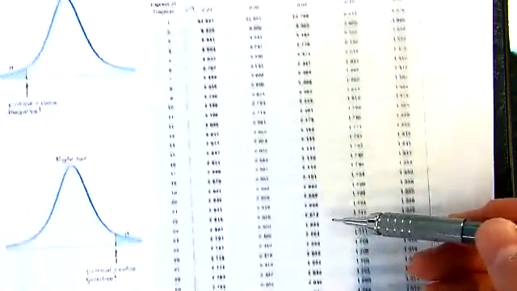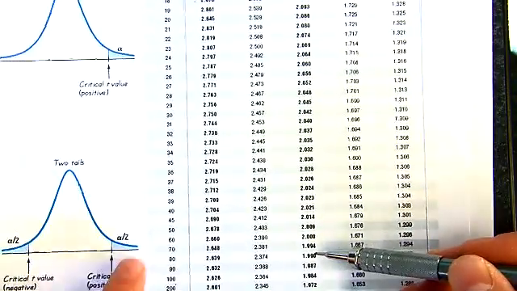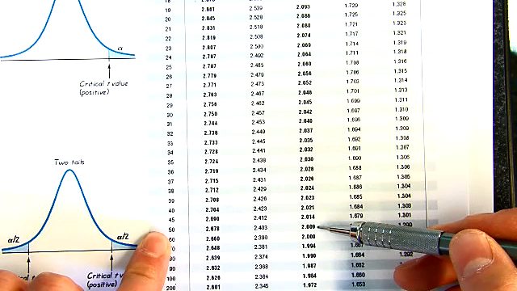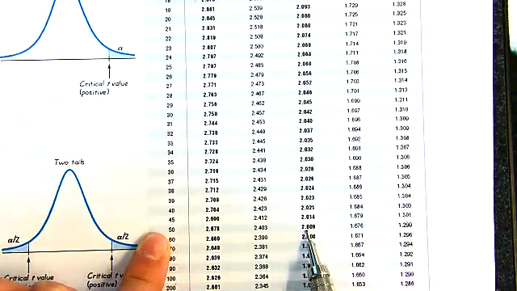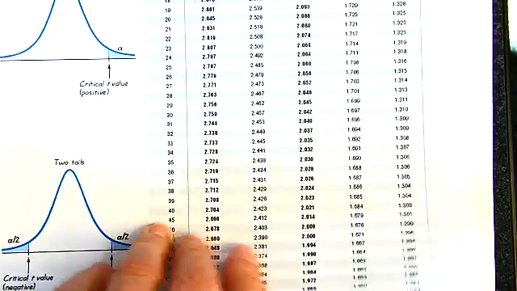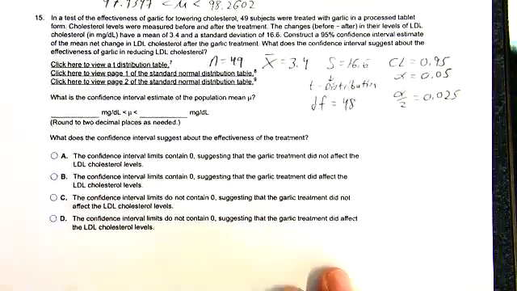So we're going down, and just like before, there is no 48, but there's a 50, so this number should look familiar, 2.009. So 50, middle column, 2.009. So that is T alpha over 2.